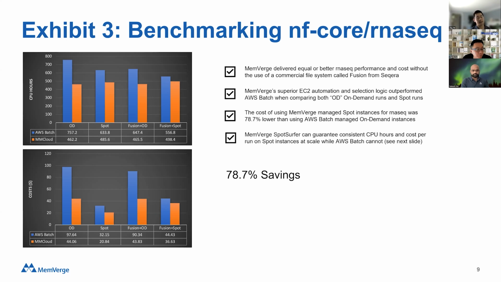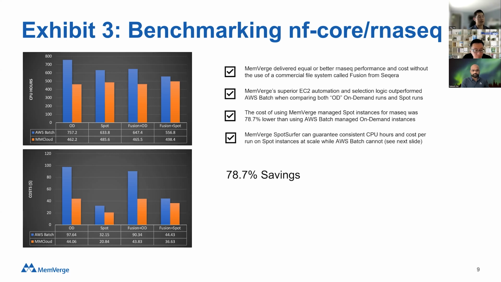Part of this example highlights the value of some of our file system optimizations and automations, and also the fact that our instance selection logic is really nice and optimized when you're running these pipelines.